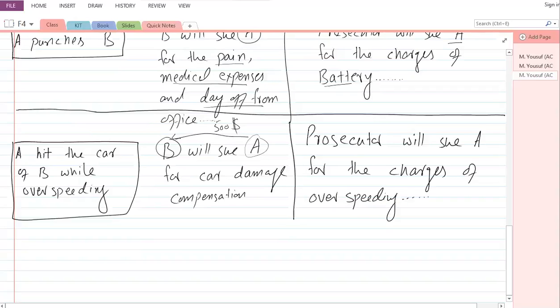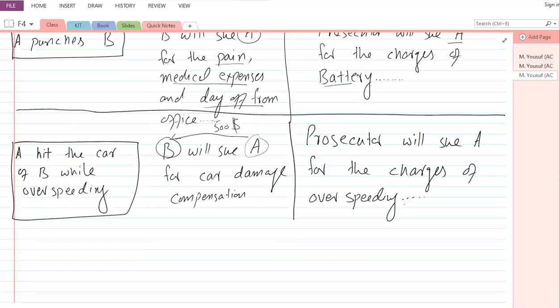So this case is a criminal case and it is a matter between the state and Mr. A. And the prosecutor on behalf of, sorry, on behalf of the state will sue A. So this is a crime conducted by A and the prosecutor is going to sue A and the purpose of it is to penalize A so that it may not become a habit of A or it can be created as an example for the society that no one is allowed to overspeed on the road because it is not allowed.